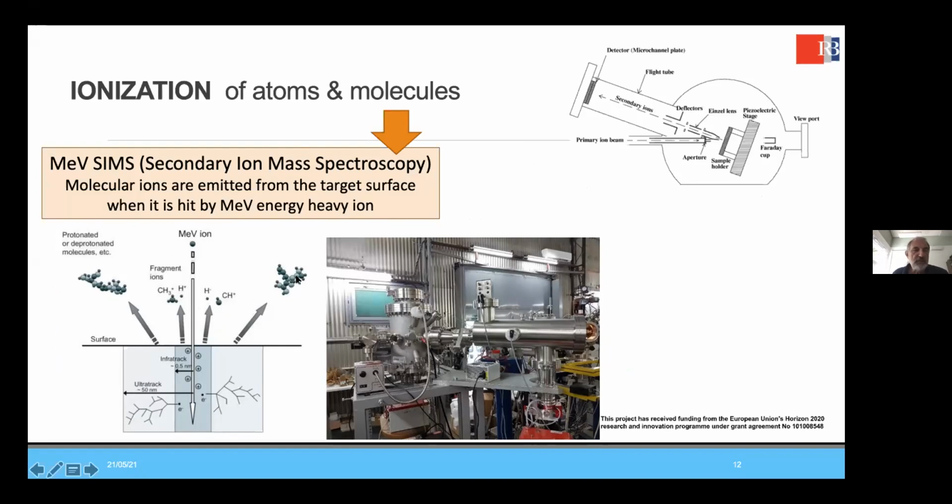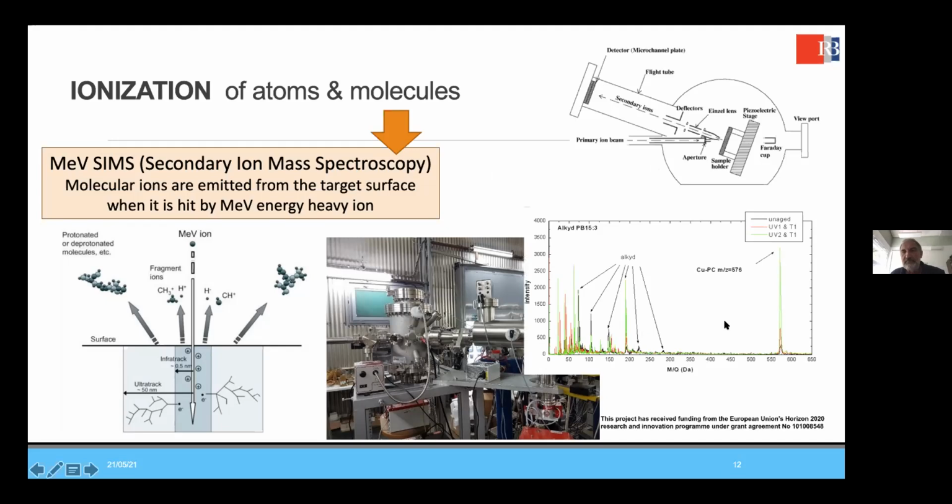Then we analyze the mass of these molecules with a mass spectrometer. This is a time of flight mass spectrometer, where we measure the time between the emission and the detection. You can get a mass spectrum.